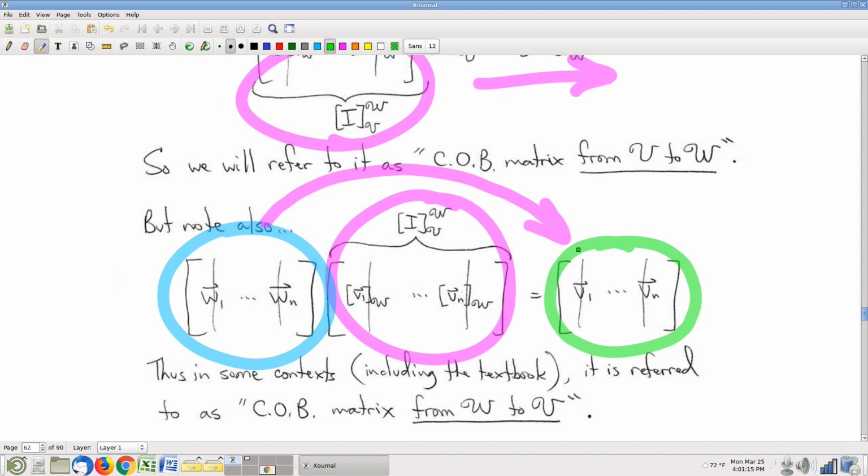And that's their point of view on whether they want to call it from W to V. Right? That's where they're coming from.